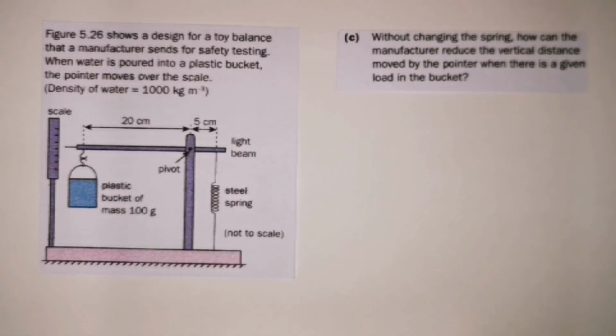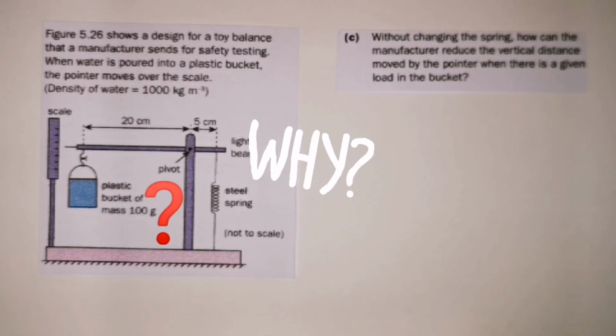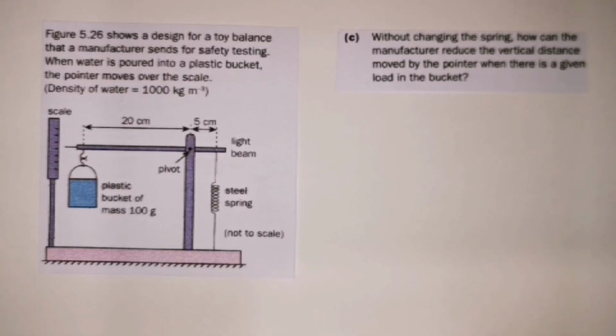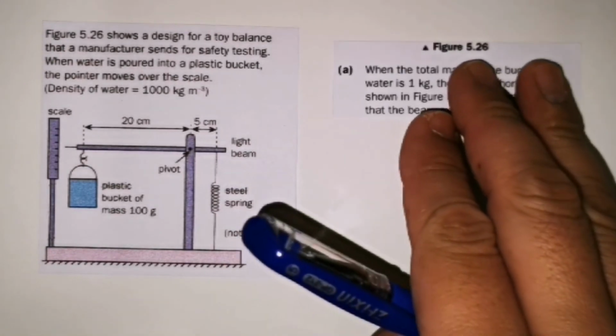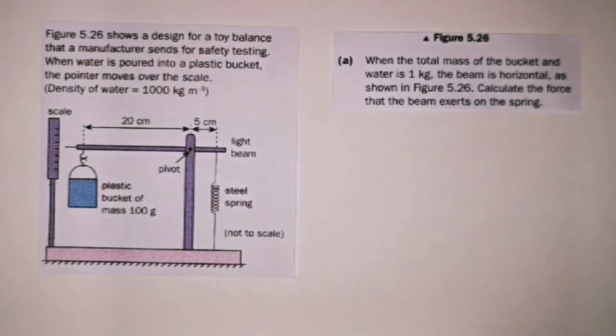Think deeply about it. Why did they give 100 gram? So look at question A, part A. Usually they will give a clue or a hint in a previous part of the question. When the total mass of the bucket and water is 1 kilogram, the beam is horizontal.